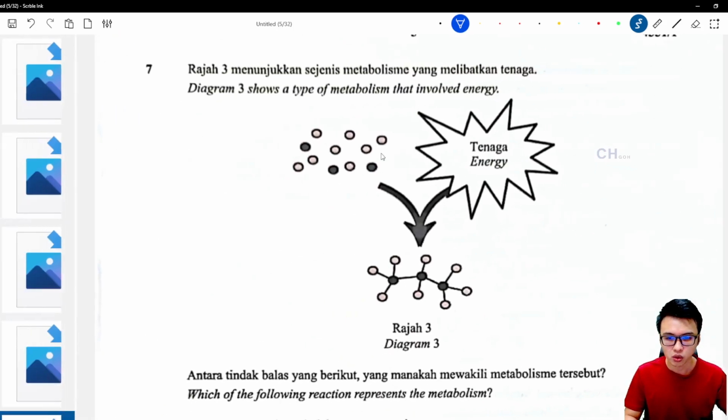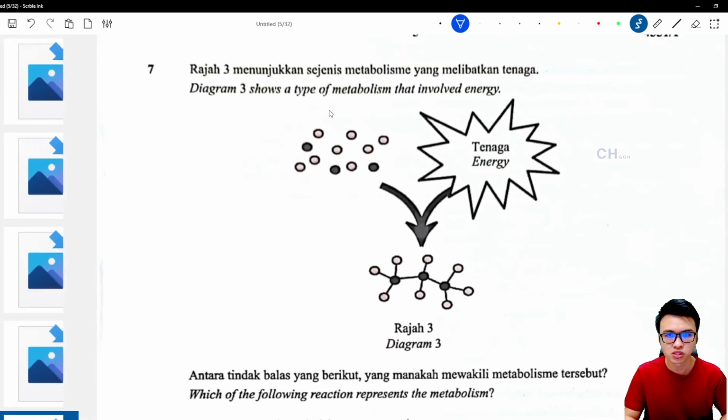Okay, now let's look at question 7. Diagram 3 shows a type of metabolism that involves energy. What you can see here is a lot of simple molecules, and then by using energy, you combine them into complex substances.